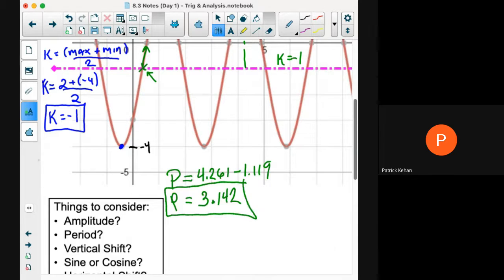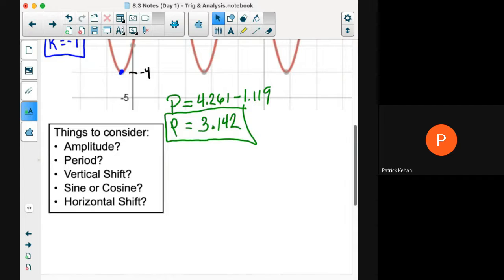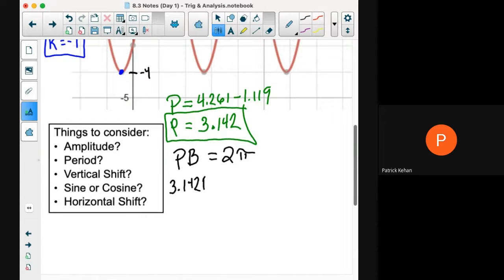Once you've identified your period, it makes the most sense to move into finding your angular frequency, which is identified by the relationship that period times angular frequency is always 2 pi. So if my period is 3.142, then 3.142 times the angular frequency equals 2 pi, and I'm going to divide both sides by 3.142.